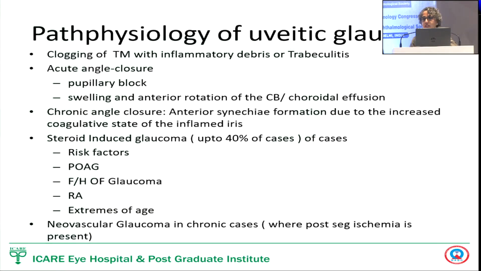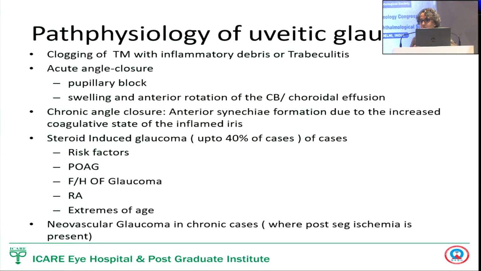One is, of course, that the trabecular meshwork itself can get clogged because of the debris, the inflammatory cells, and the aqueous humor itself can have more protein in it. Second, more often, is trabeculitis, where the trabecular meshwork is getting inflamed, classically seen in hypertensive uveitis associated with viral etiologies. Acute angle closure is something that we all see in our clinic when the pupil is getting occluded with membranes or posterior synechiae.